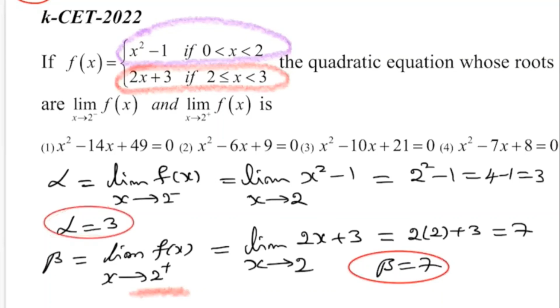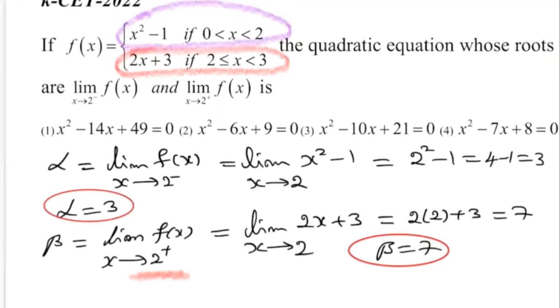We need to find the quadratic equation whose roots are alpha and beta. When you have two roots of a quadratic equation, you can easily write the quadratic equation. So x square minus sum of the roots into x plus product of the roots alpha into beta equal to 0.